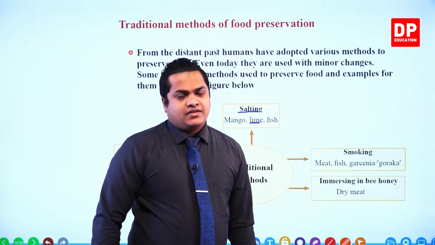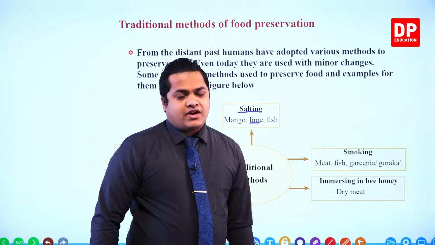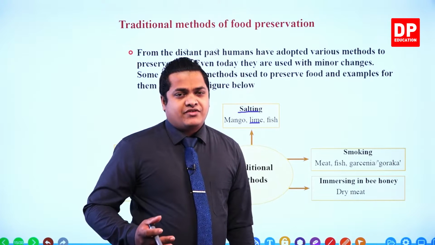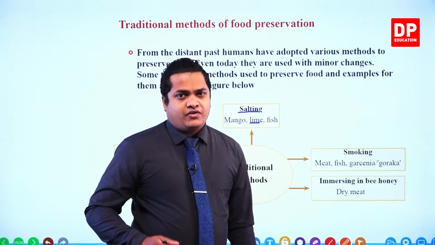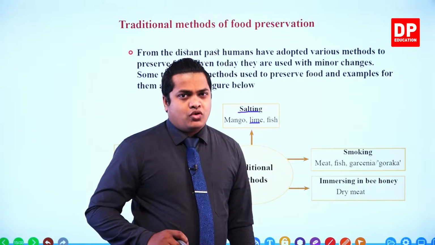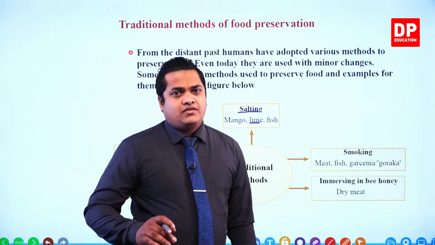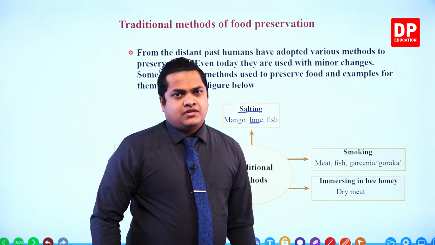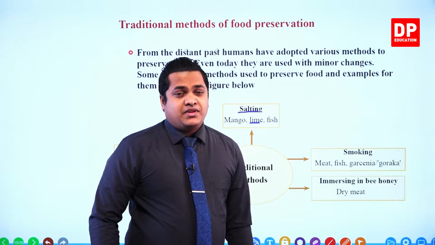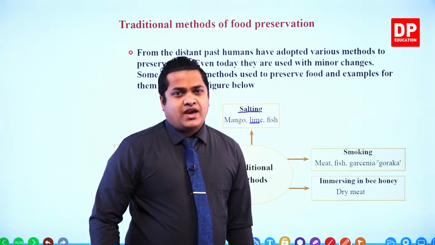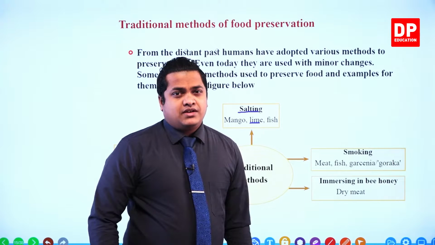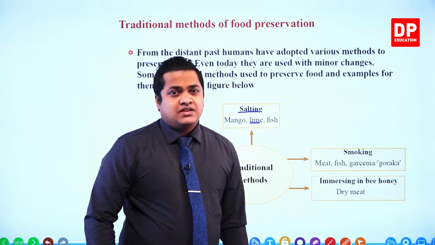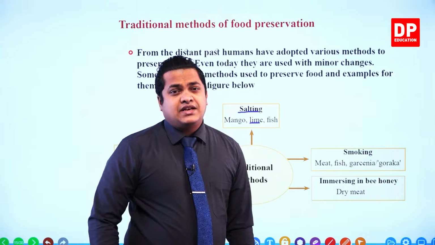So we can dry out meat or fish using smoke, then place them within bee honey. In that way we can keep this for a very long time, like months and years, my dear children. Nothing is going to happen, because here the contact with microorganisms is minimized by 100%.